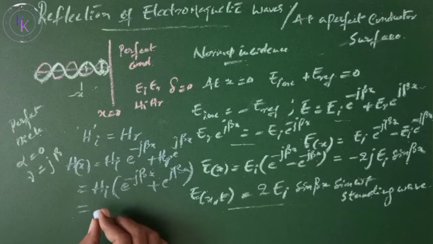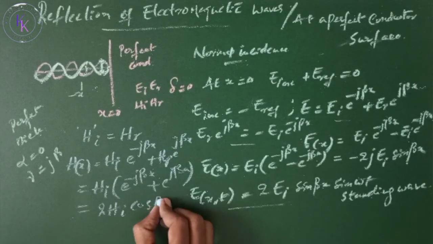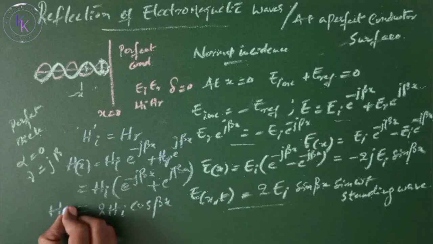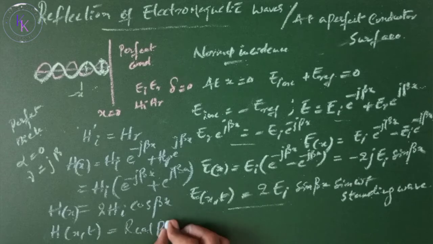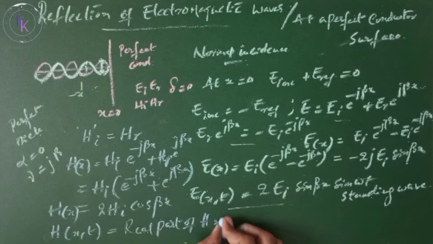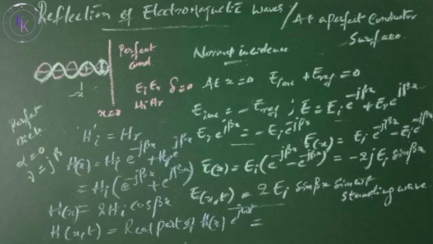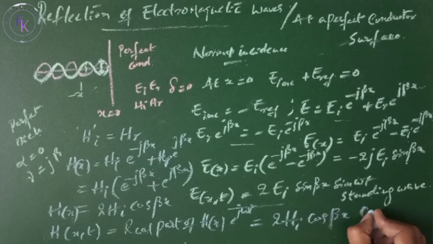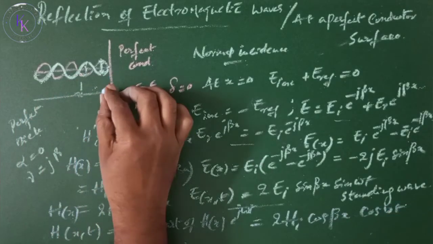Now this can be written as 2 Hi cos beta x, which equals H of x. When you consider the time variation, H of x comma t equals the real part of H of x e to the power of j omega t, that equals 2 Hi cos beta x cos omega t.